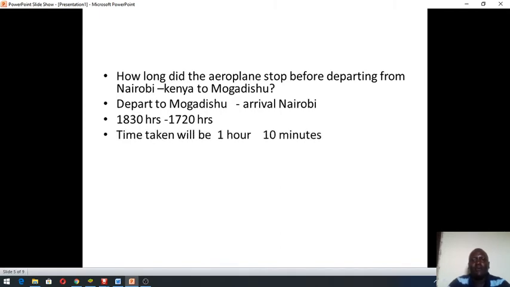That's the time that airplane took in Nairobi before it came to Mogadishu. Let's go to the next question.